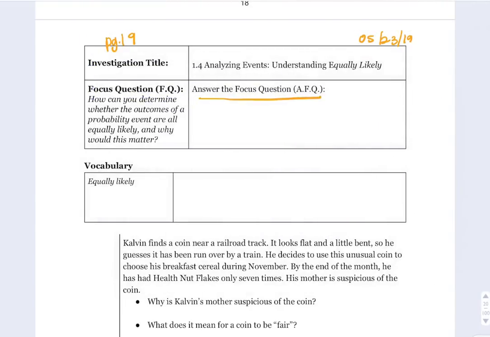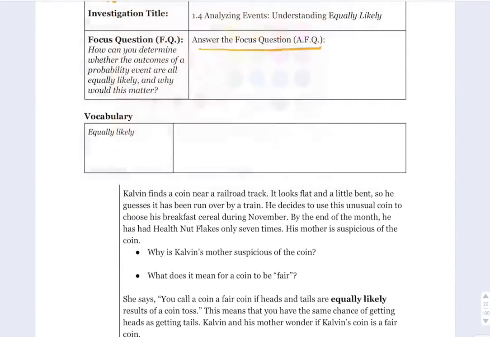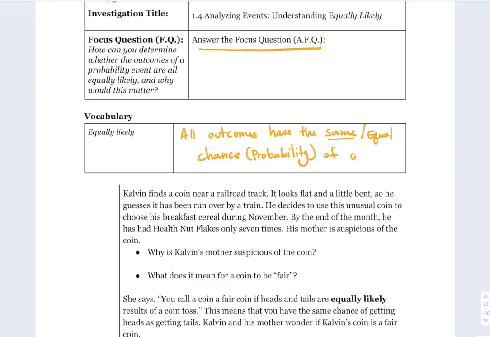All right, so equally likely means that all outcomes have the same, which is our word for equal, chance, that's probability, of occurring.